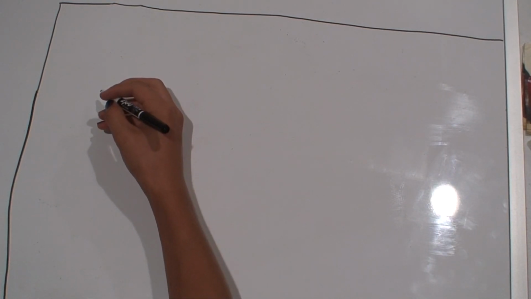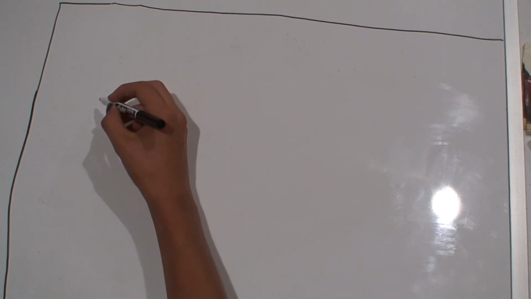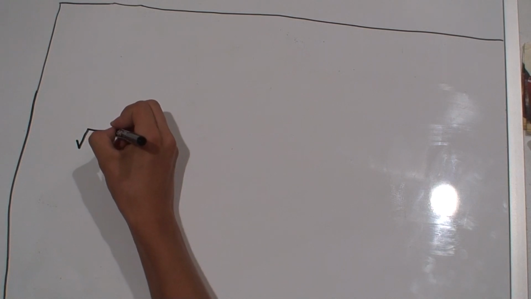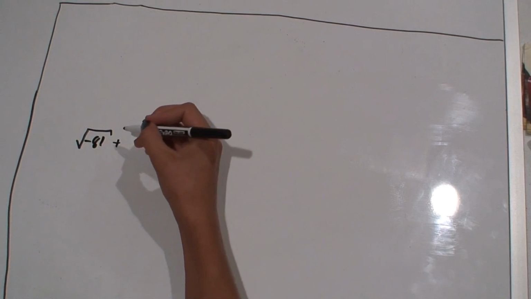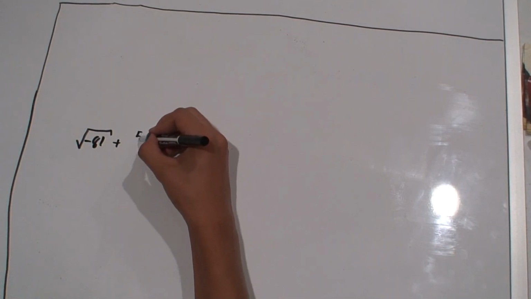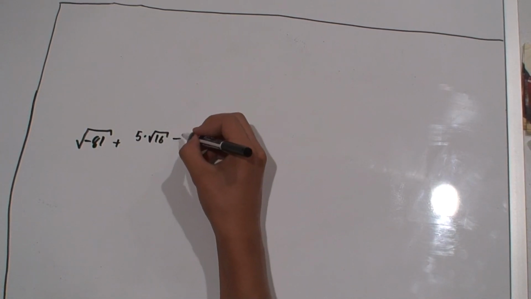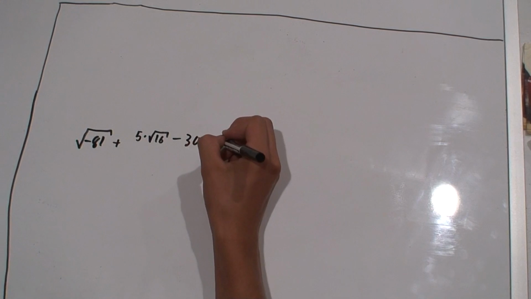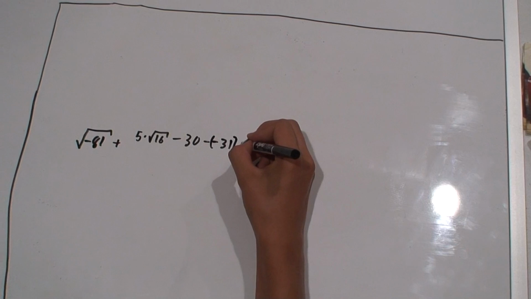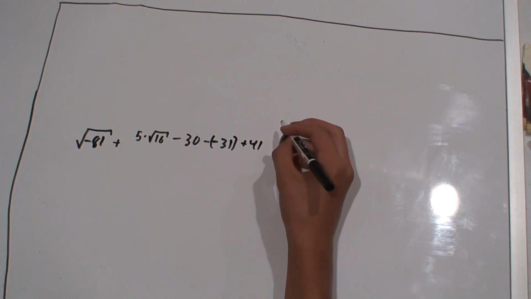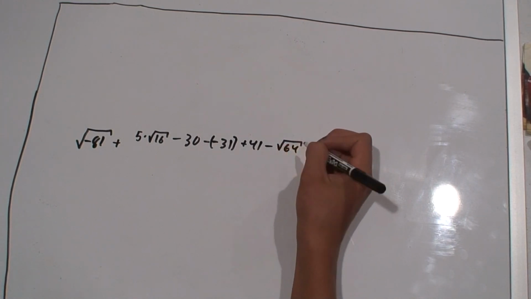So we have the square root of negative 81 plus 5 times the square root of 16 minus 30 minus negative 31 plus 41 minus the square root of 64.